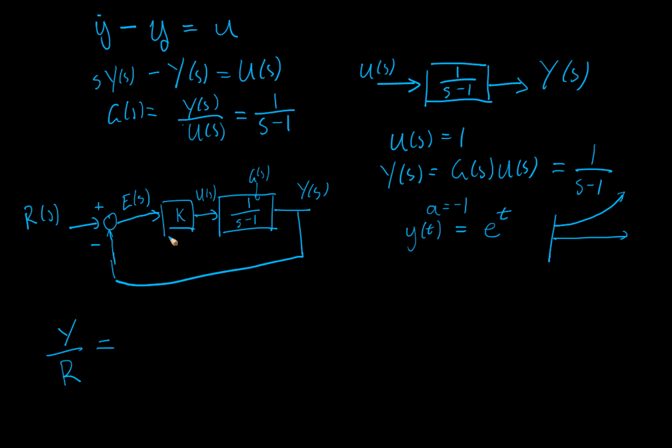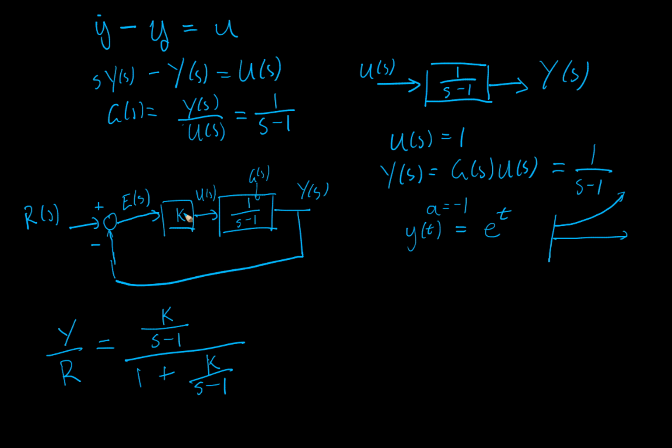And so here we've got the forward path, which is k over s minus 1, over 1 plus the forward path times the reverse path. In this case, the reverse path is just 1. So again, it's the same, 1 over k over s minus 1.